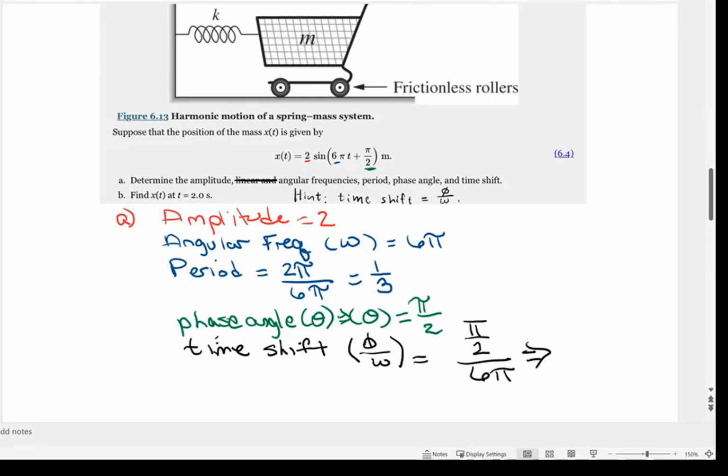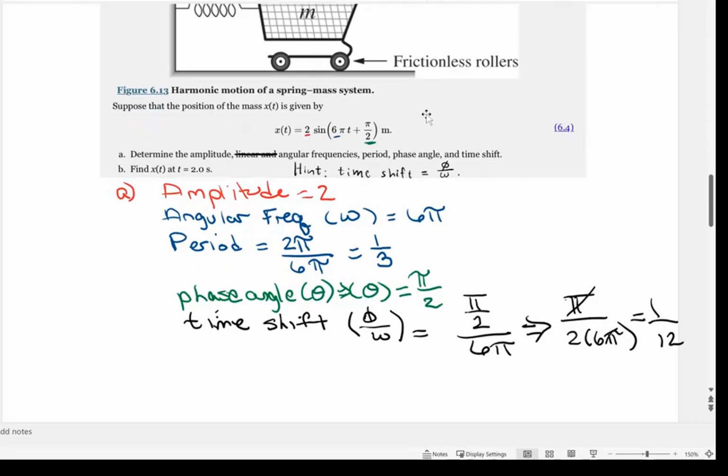I'm going to simplify this fraction. However you do it, you're going to get the same thing as I am. Basically, this is 2 times 6 pi. Pi's cancel, and I get 1/12. So 1/12 is my time shift.